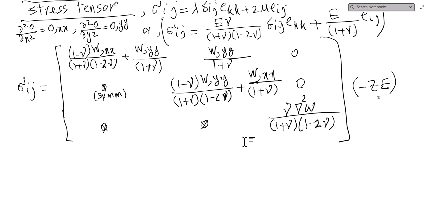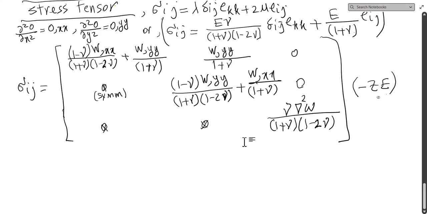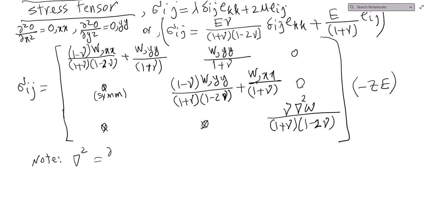Remember the z that we dropped and picked up, it shows up here. Now del square, note, del square is d2 dx square plus d2 dy square. I use that notation.